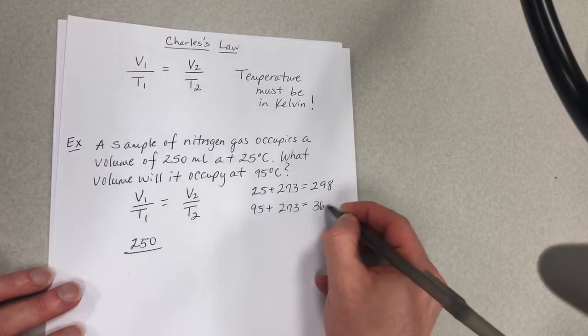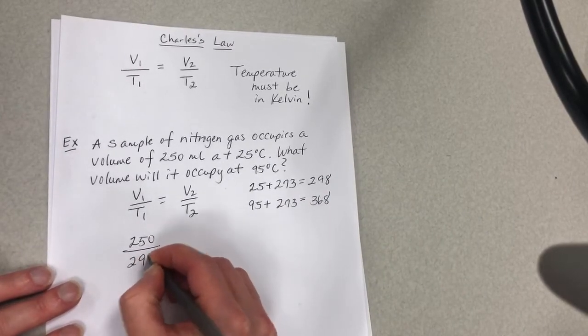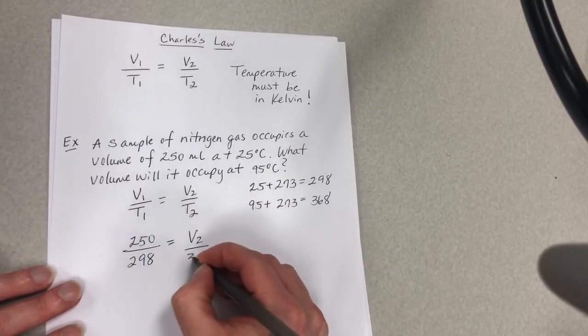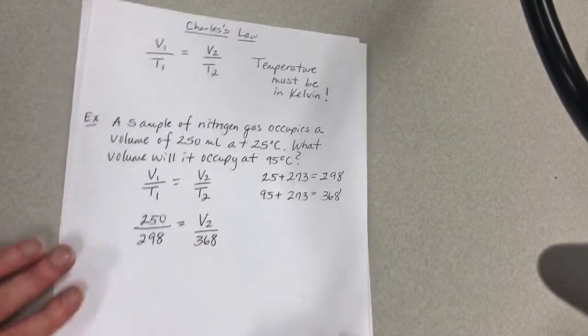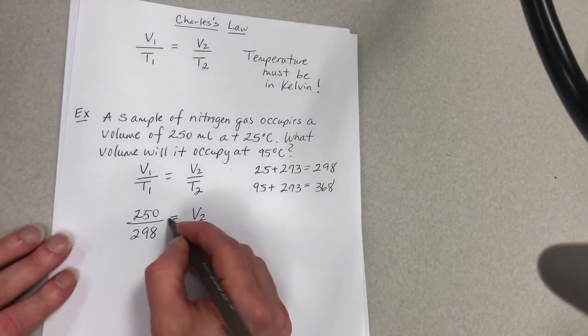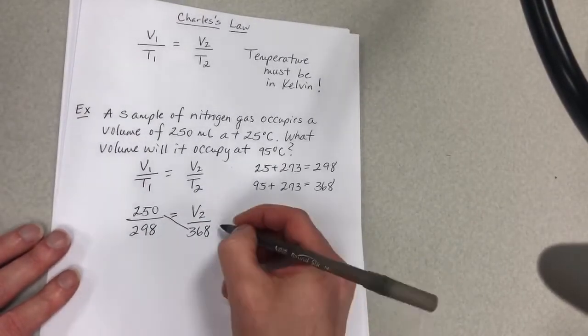It is 368. Okay, so we're going to do 250 over 298 is equal to V2 over T2, which is 368. So when we do this, we're going to cross multiply and divide. So we're going to multiply these two numbers together and divide by this one.